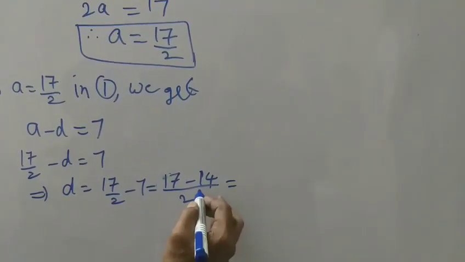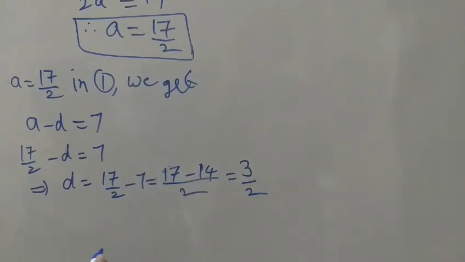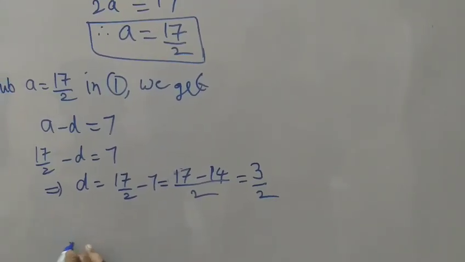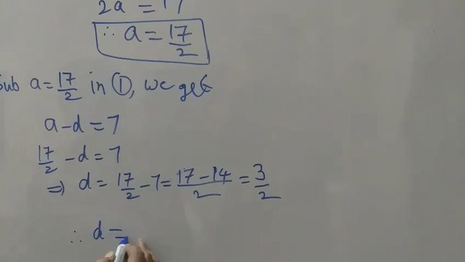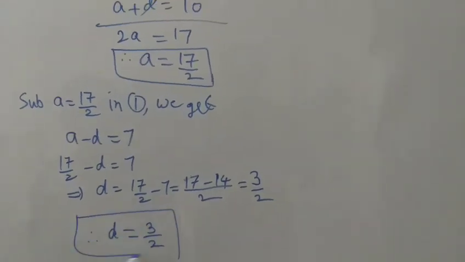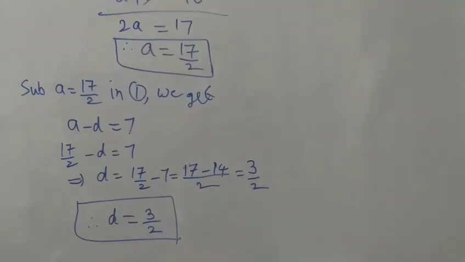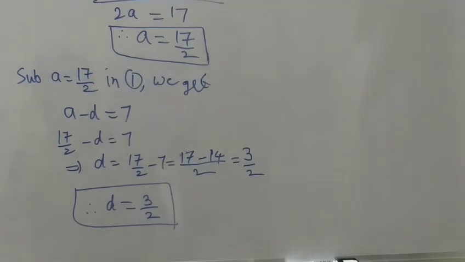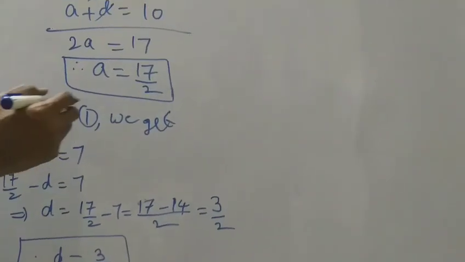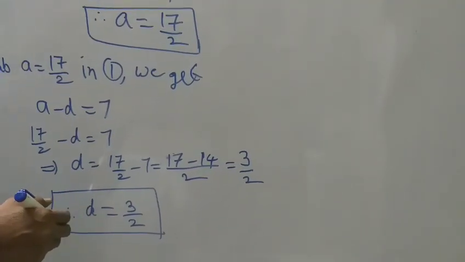This is equal to 17 minus 14 becomes 3, 3 by 2. Therefore, d is equal to 3 by 2. Now we got a is equal to 17 by 2 and d is equal to 3 by 2.